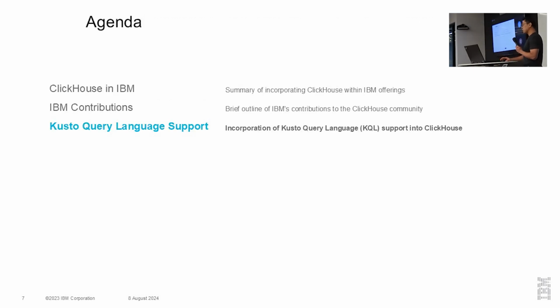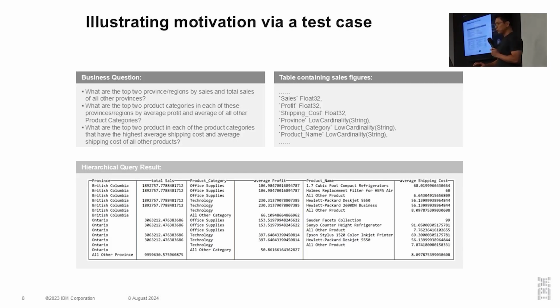Next, I'm going to talk about a feature our team is currently working on. We're working on supporting Kusto Query Language in ClickHouse. Before I go into the details of Kusto Query Language, let me use a test case to show the motivation.